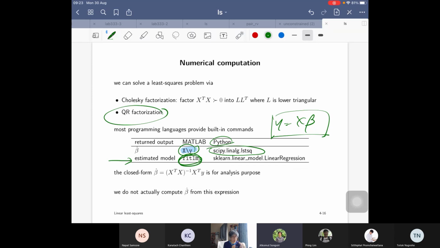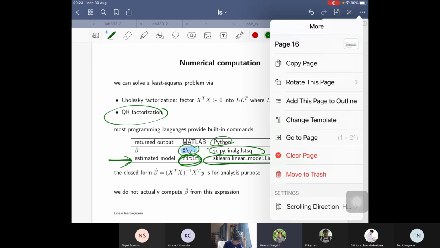It returns some statistics as well, like the p-values, the confidence intervals of the estimates, a lot of things, and the y-hat. So you actually don't need to compute anything; the command does everything for you. And in Python, there's scikit-learn and its LinearRegression.